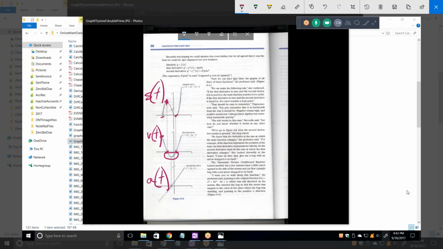And when the position function starts increasing again between those 2 points, well, the velocity turns back positive. Notice where the velocity is exactly 0. Right here and right there. And if I go up to the position function, the slope of the tangent line is precisely 0 at those 2 points.